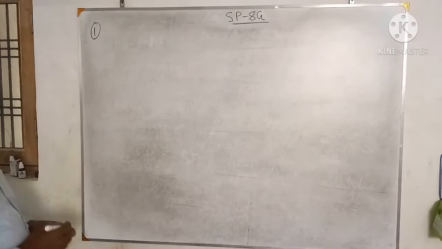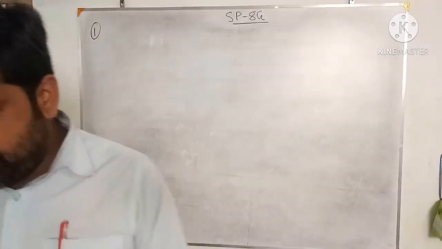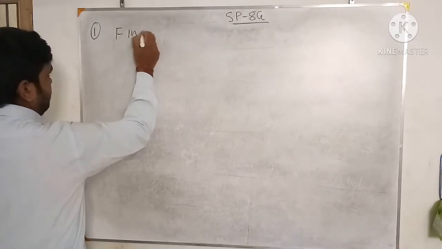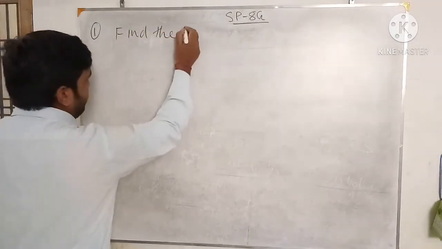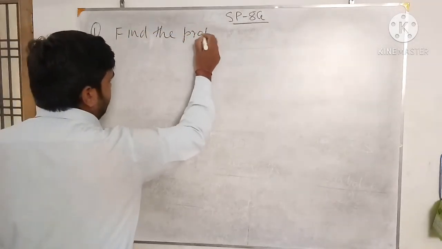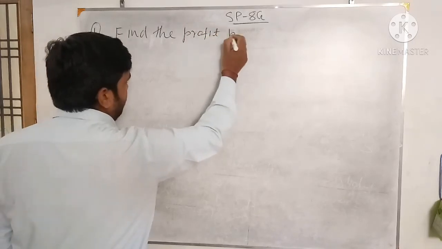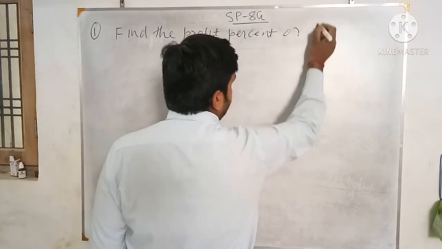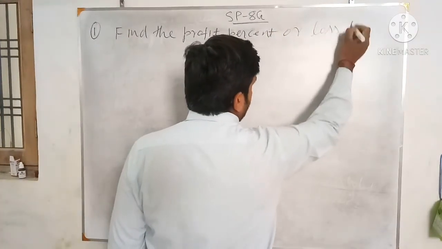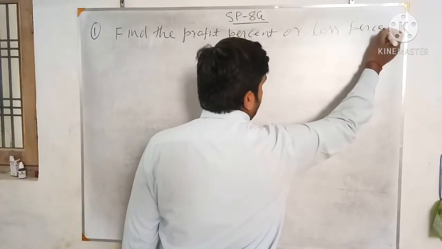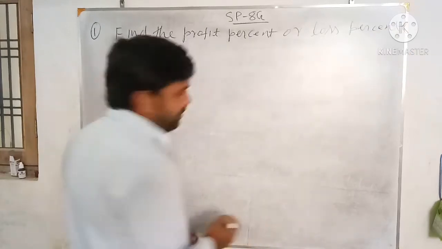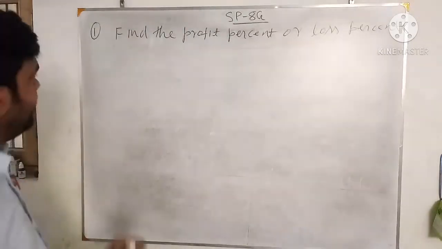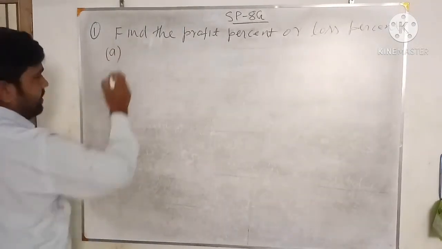The question is to find the profit percent or loss percent. So the first question is find the profit or loss percent. Now 1A. You see the question, what is given.